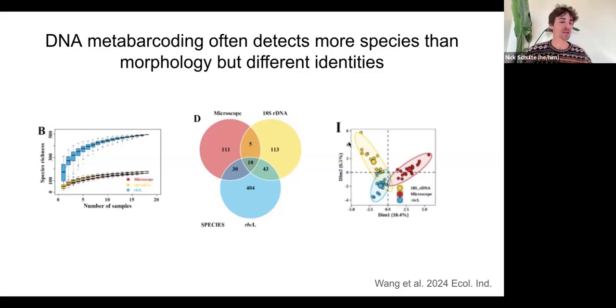And that is a big question, because previous studies have shown that even with morphology, taxonomist bias or taxonomic inconsistency can be the dominant driver of compositional differences, more so than the actual environmental pressure. So who is identifying the diatom has a larger impact than some of the environmental drivers that are expected to be the more important variables.